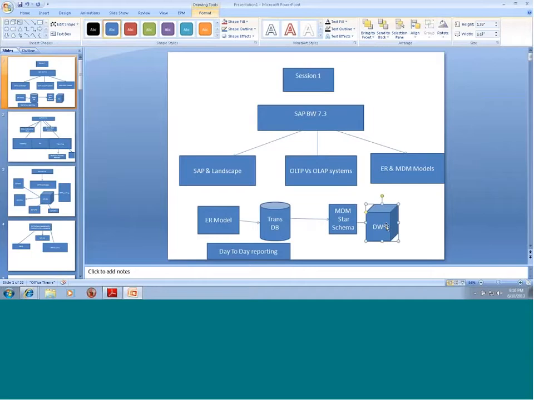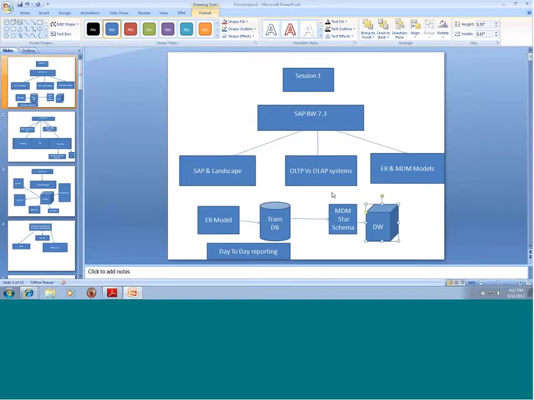For that, if I have to have data stored in redundant format, it is okay, because the functionality of a data warehouse itself is to hold large volume of data. So it can accommodate redundant data in the system. So these are some of the high level differences between an OLTP system and an OLAP system.